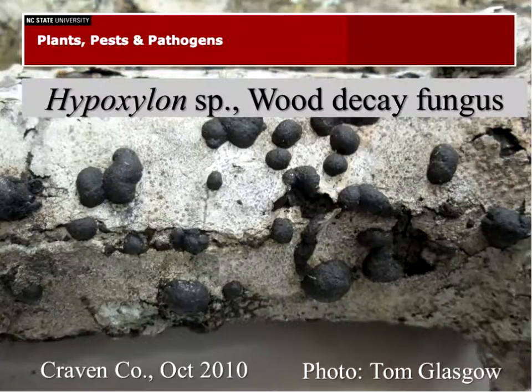Some of its relatives in some circumstances on some hosts can be disease causing pathogens, but in this case it's nothing really to worry about. Since the crown was thinning, you'd want to ask other questions about what's happening down with the roots or the soil that may be causing the general decline.